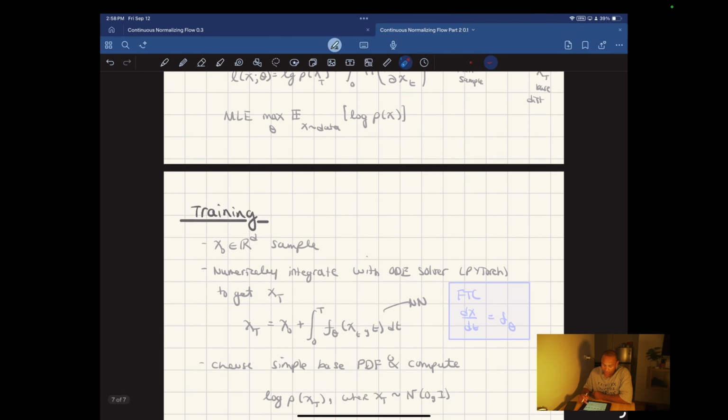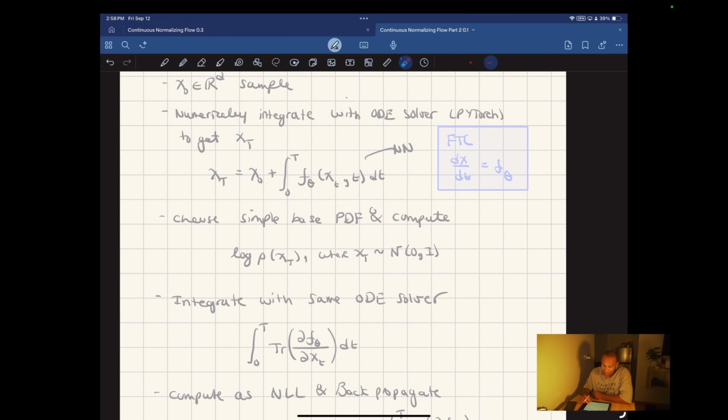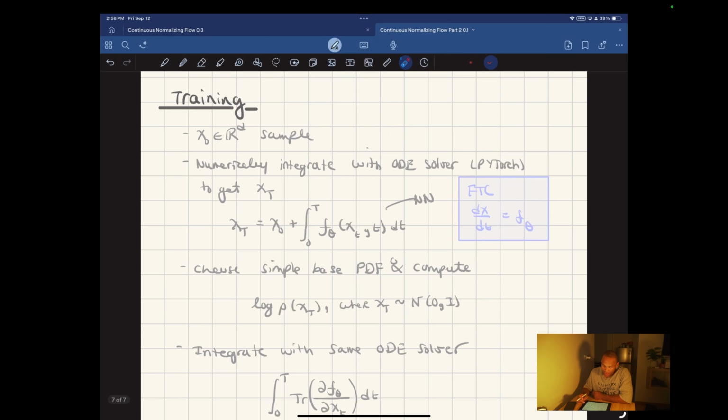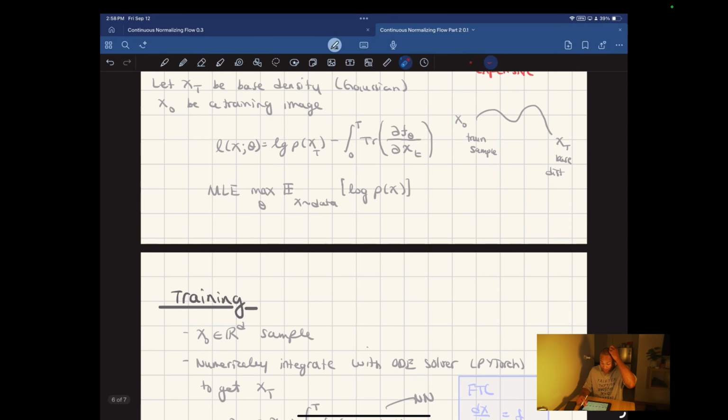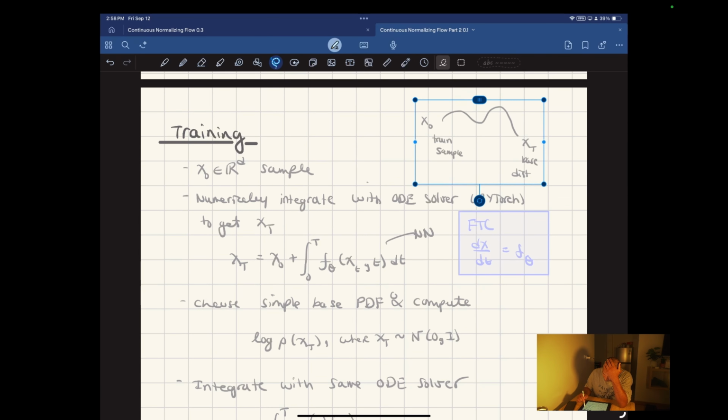One last thing to cover is training. It's not so obvious actually how to train this. Essentially, we're going to start by taking a sample of our data.